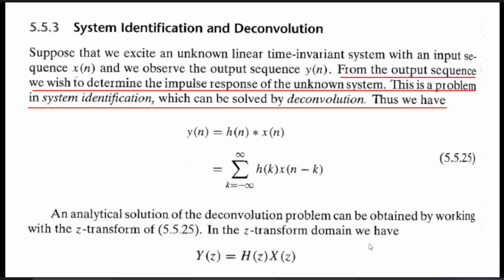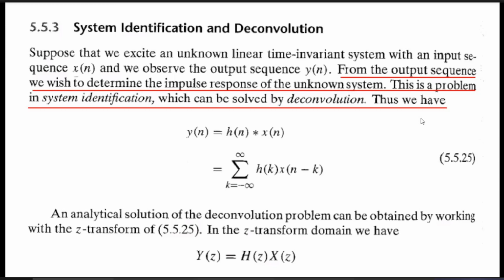If you know the ratio Y(z) by X(z), then you can calculate H(z). That is called deconvolution. Deconvolution is used to identify an unknown system, or to determine the transfer function of a system whose inputs and outputs are known.